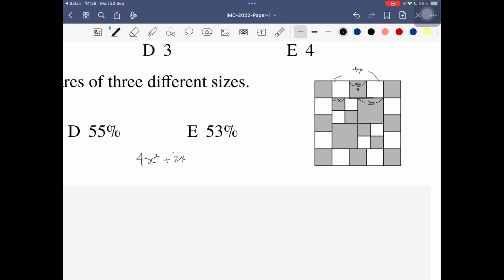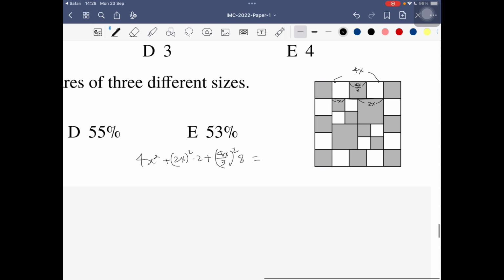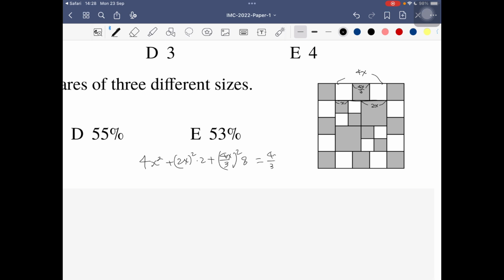And 2x squared, we have 2. And 4x over 3 squared, we have 1, 2, 3, 4, 5, 6, 7, 8. This one can be 4x over 3 times 5 squared. This is the larger area.